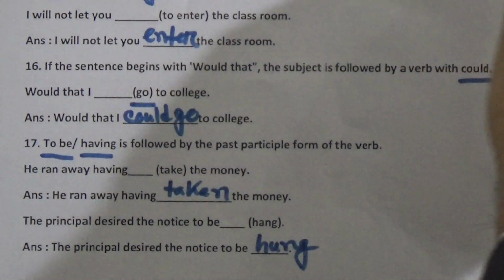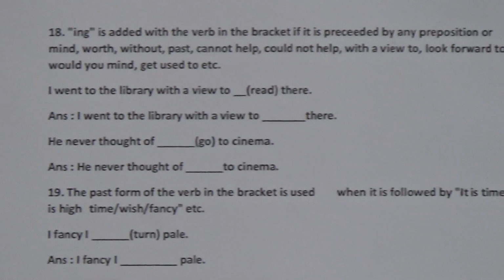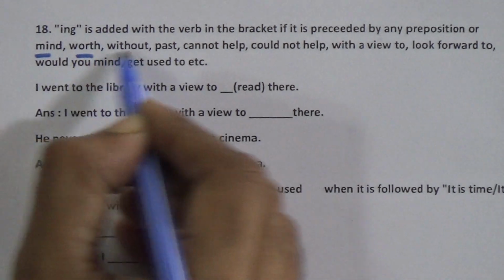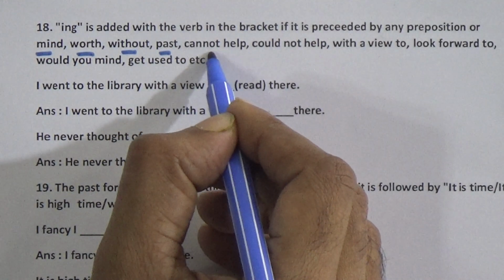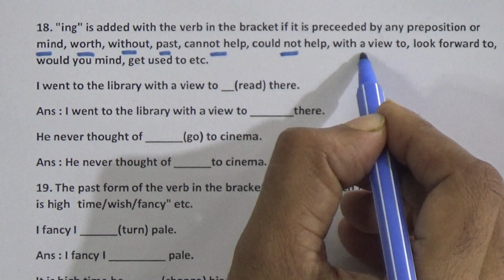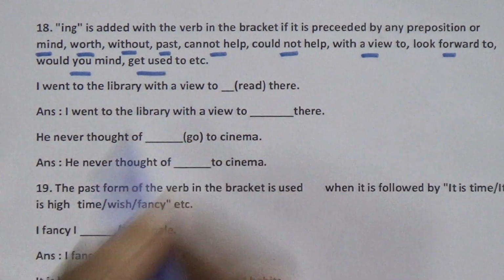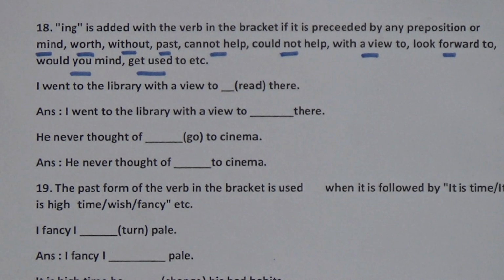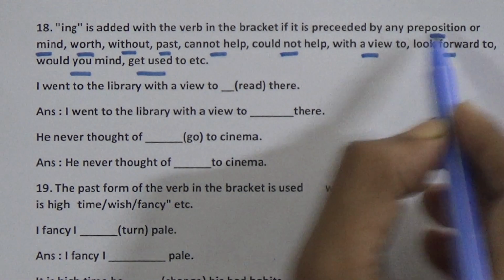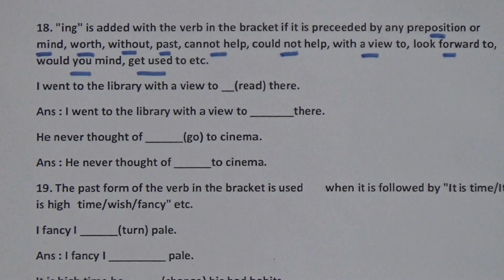Rule number 18, ing is added with the verb in the bracket if it is preceded by any preposition or mind, ought, without, past, cannot help, could not help, with a view to, look forward to, would you mind, get used to, etc. That means if you find any preposition and all these words or phrases, you will use the ing form of the verb in the bracket.